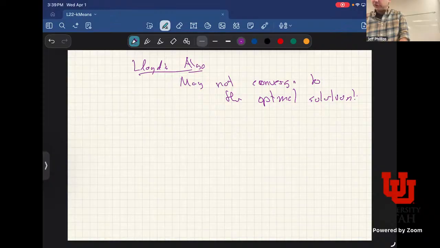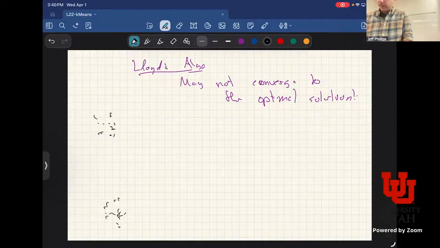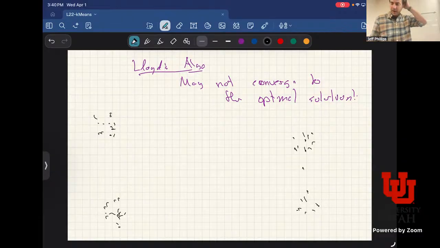Okay, so let me show an example here of how this could happen. Let's say I've got my input set, which might be like this. And I'm going to say that K is equal to 4.